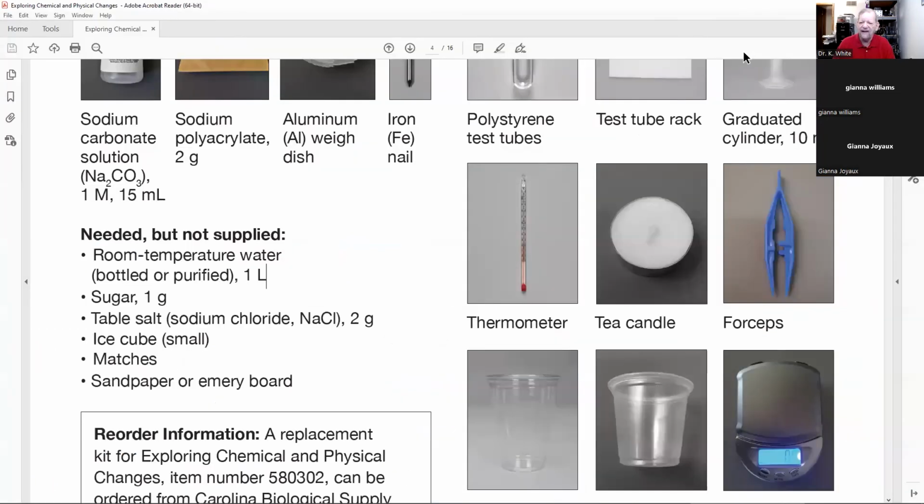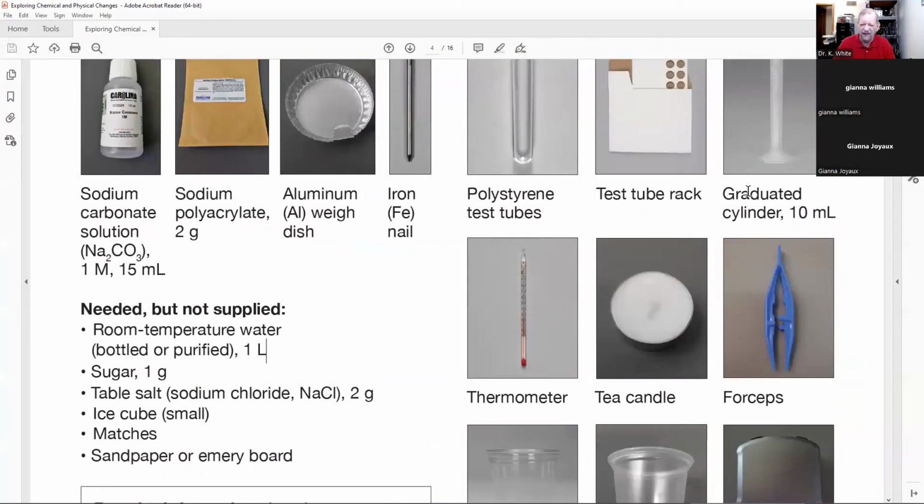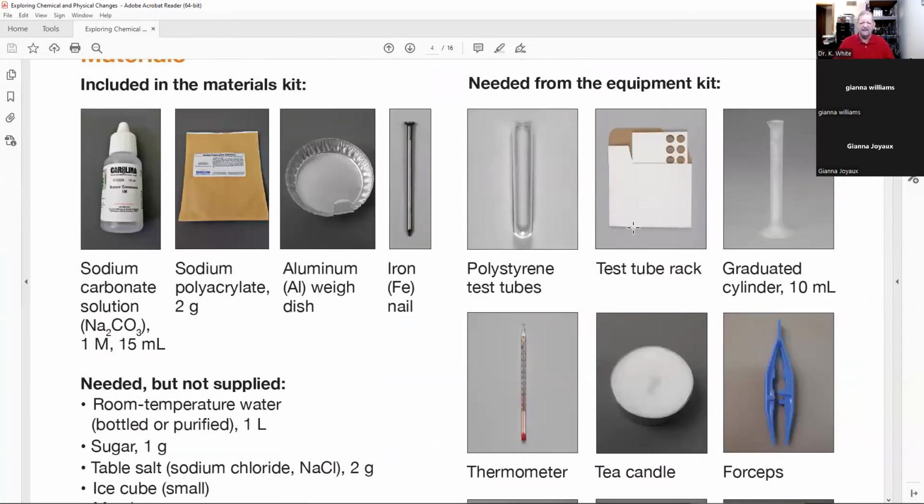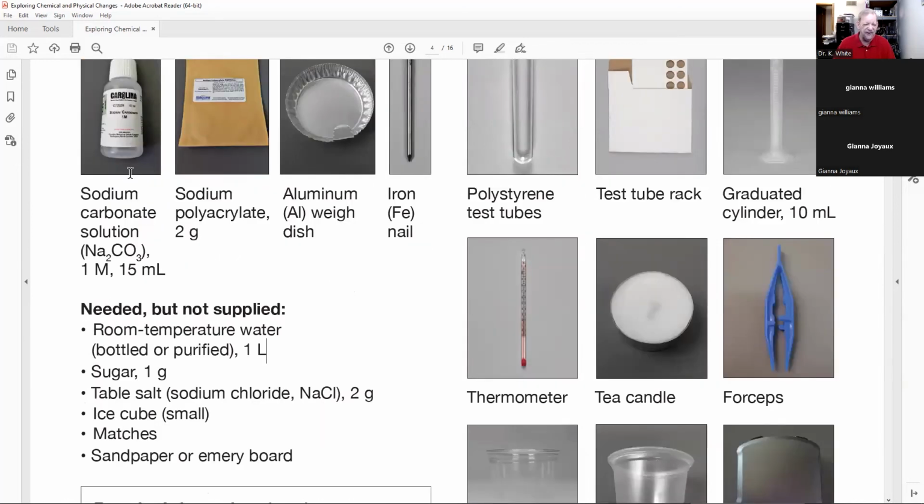All right, over here they show the various equipment you'll need. Now, here they have the test tube rack, and you've got to build it by just pushing it. And you'll need test tubes, your thermometer, and here are the various chemicals that will be in your kit.